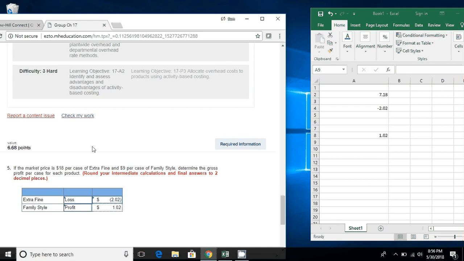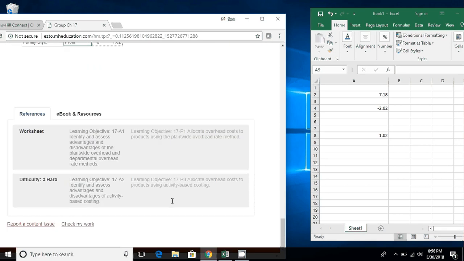Completely the opposite of what we were seeing when we did plant-wide, and it's because we have refined our cost analysis. We've broken those activities down into their appropriate pools so that we could get much more detailed cost information out of that.